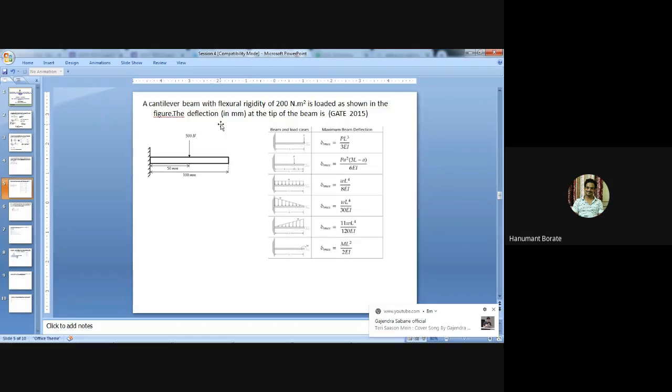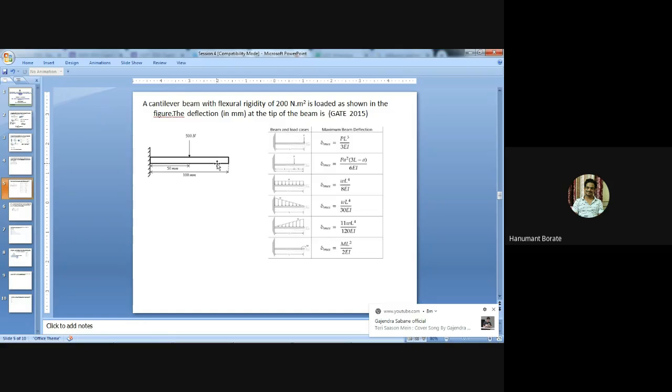Now, to find out the deflection of a beam: a cantilever beam with a flexural rigidity of 200 Newton meter square is loaded as shown in the figure. The deflection in mm at the tip of the beam is, meaning we need to find the deflection at the end of this cantilever beam.